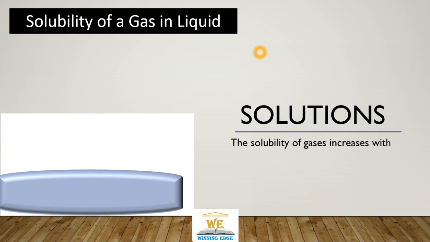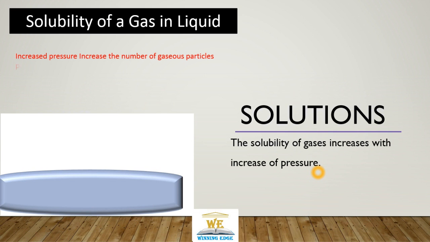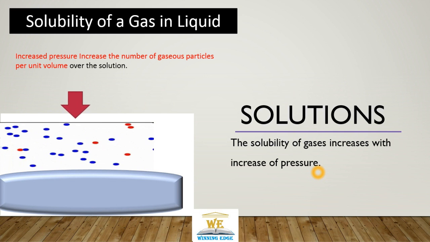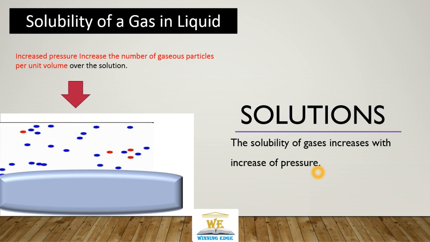Now, solubility of gases in liquid. We know gases are compressible. So, the solubility of a gas increases with increase in pressure. Increased pressure increases the number of particles of gas present per unit volume over the solution. Here the gases are present.